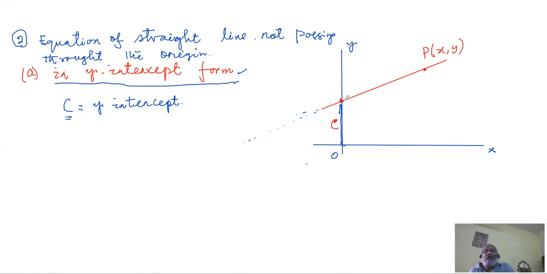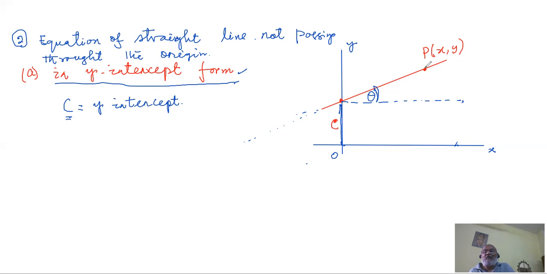Without doing that, we may draw an auxiliary x-axis or positive x-axis here, and try to find the angle starting from x-axis to the line, that is slope angle.